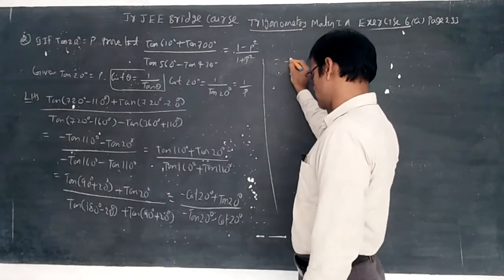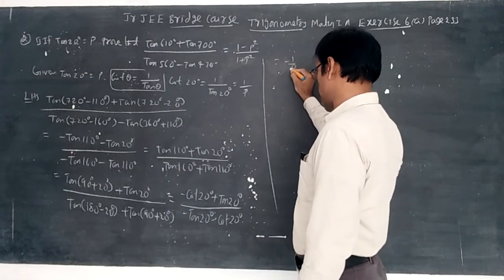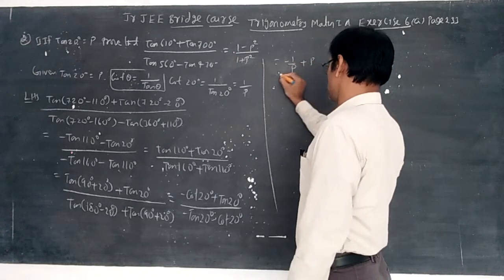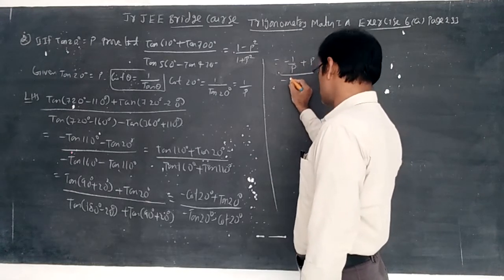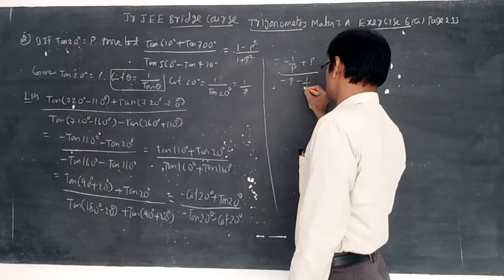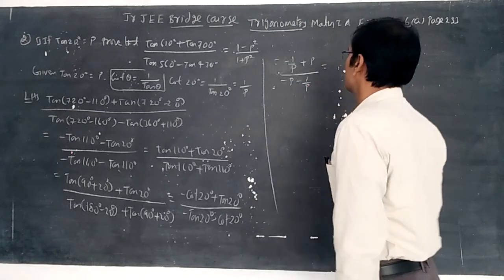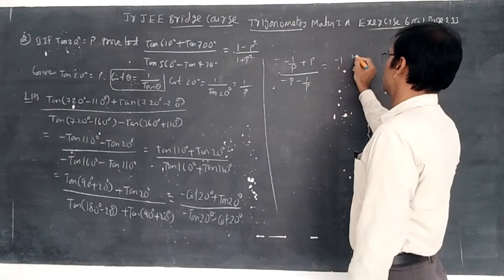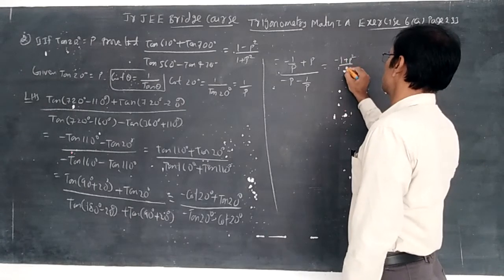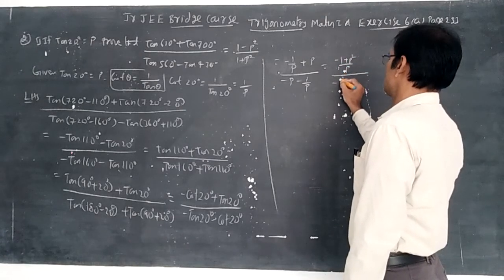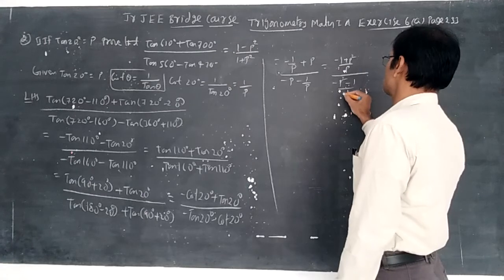Minus cot 20 you can write as minus 1 by p plus p, whole by minus p, minus 1 by p. We can take here minus 1 plus p square by p, whole by minus p square minus 1 whole by p.